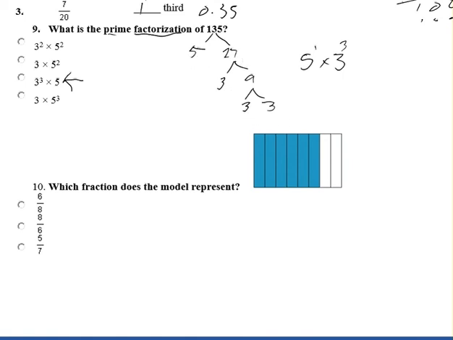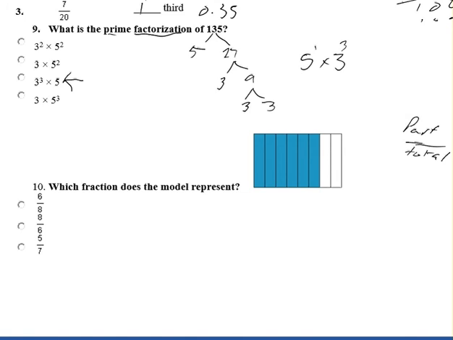Which fraction does the model represent? So a fraction is the part over the total. That's what a fraction is. Like if you eat half a pie, there's 2 halves, so 1 over 2. Okay, the total here, I mean this is one board, but there are 1, 2, 3, 4, 5, 6, 7, 8 slats.